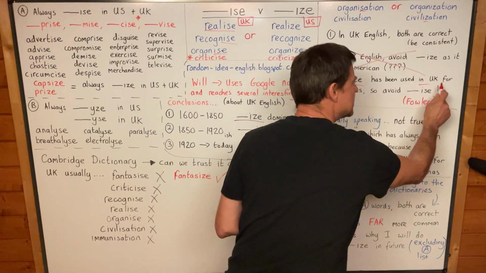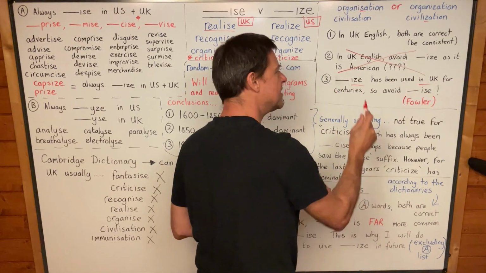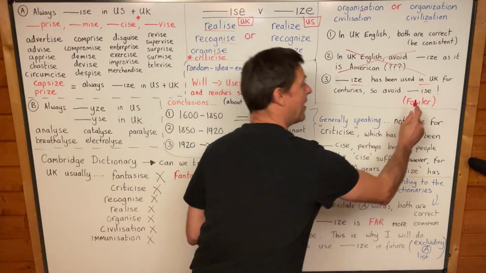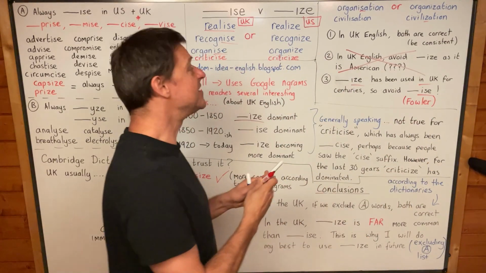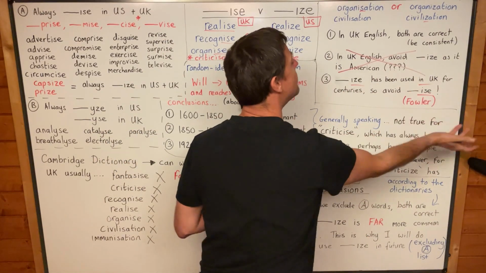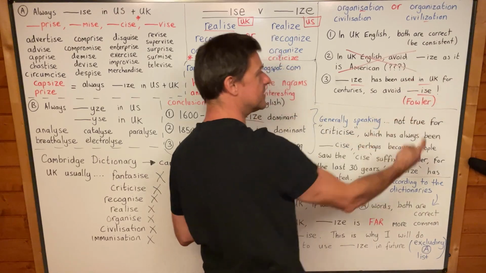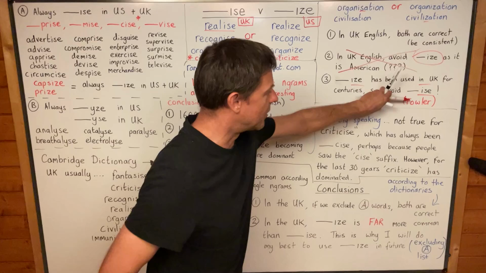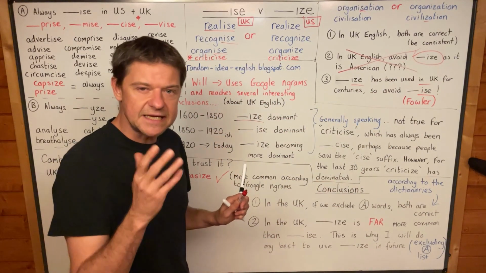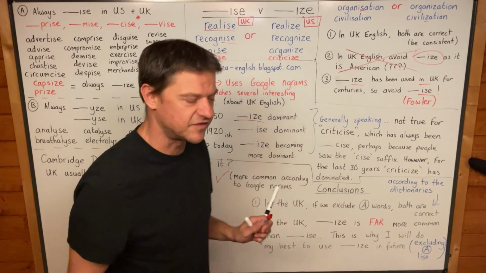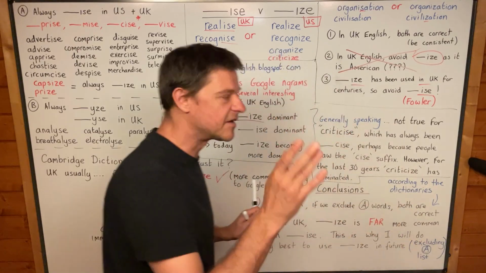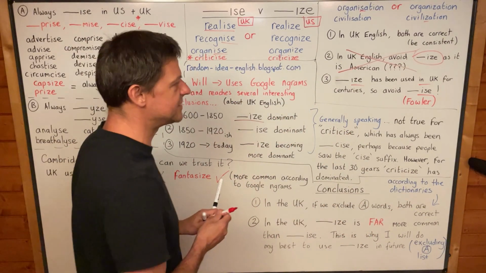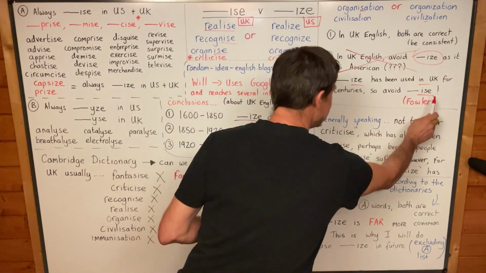IZE has been used in the UK for centuries. And so he says, avoid ISE. This is the complete opposite opinion to number 2. Number 2 says avoid IZE. Well, Fowler told us, I think it was published in 1907, something like that. And so Fowler tells us at the start of the 20th century to avoid ISE.